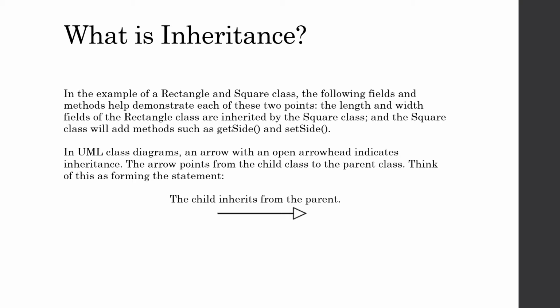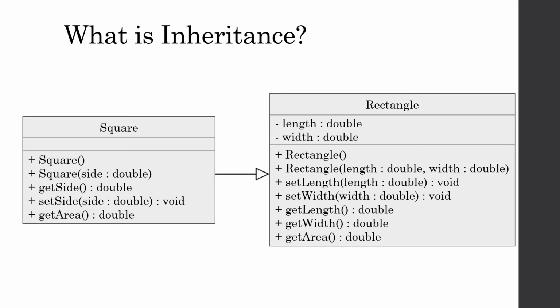So then if we actually see this fully fleshed out, we would get something like this for our UML class diagram. On the right-hand side, we see our Rectangle class. We've already dealt with this before. We've got the name Rectangle, two fields, a length and a width, and then the different methods. So we've got a couple of constructors. One difference is that I've kept the copy constructor, but that's not present in this UML class diagram.